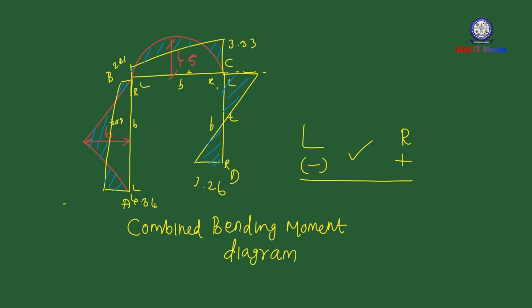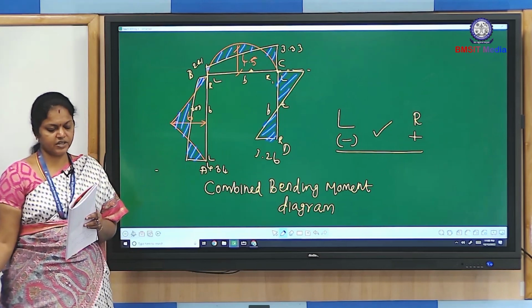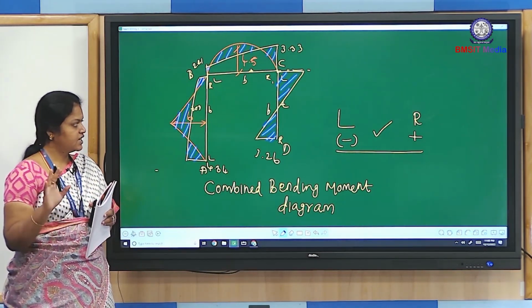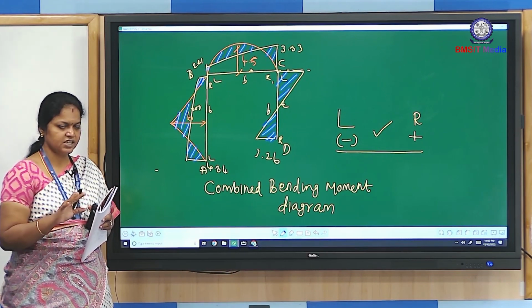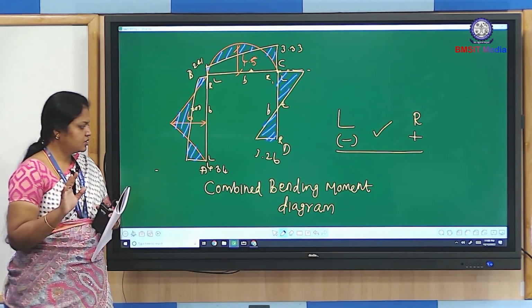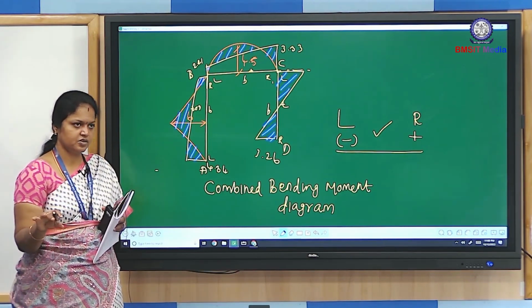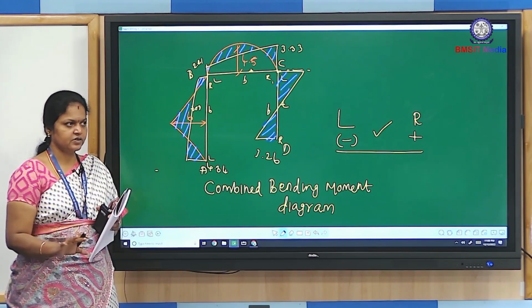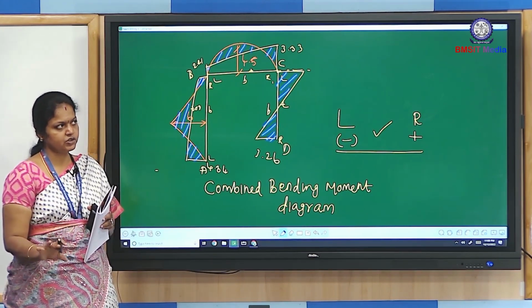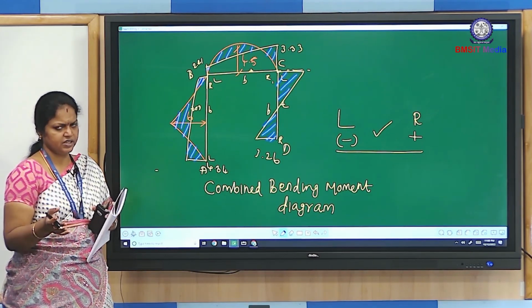The main thing is, first we have to find the fixed end moments. General steps: the first step is fixed end moment, and the second is the slope deflection equation. If the end is fixed, there is no slope, so rotation equals 0. Third, we write the joint equilibrium equation. Fourth, if the frame is subjected to sway, we have to write the shear equation, otherwise no need.